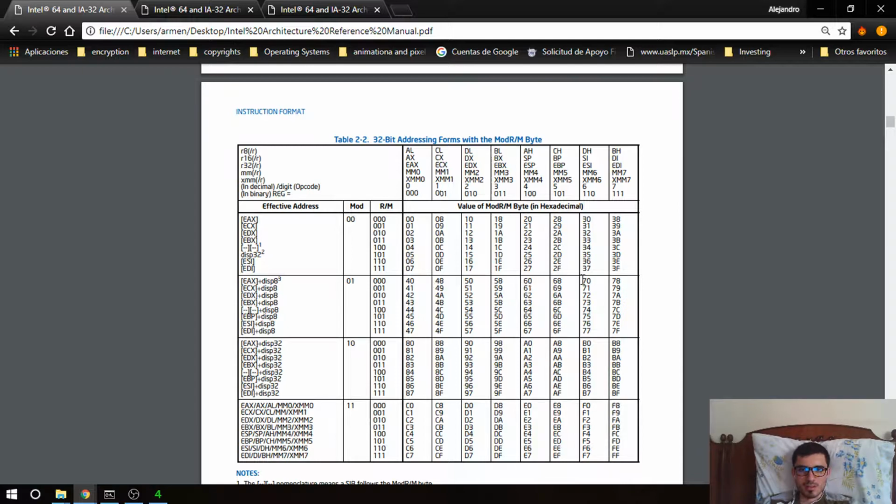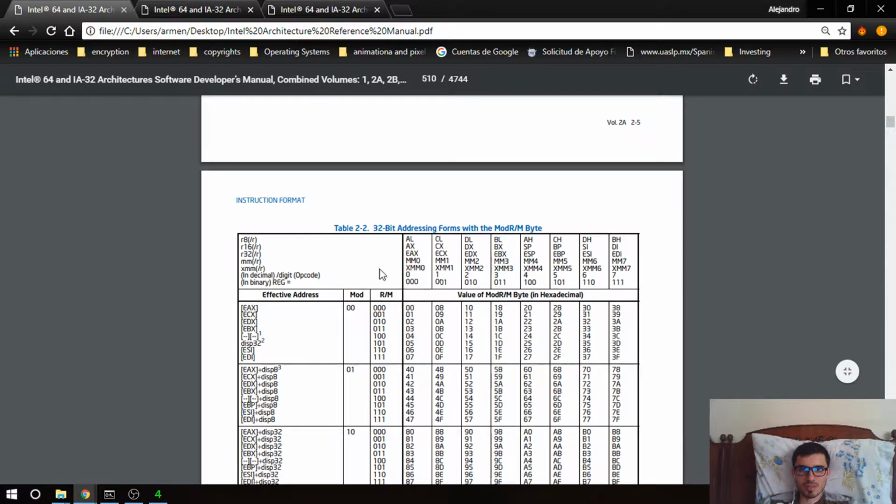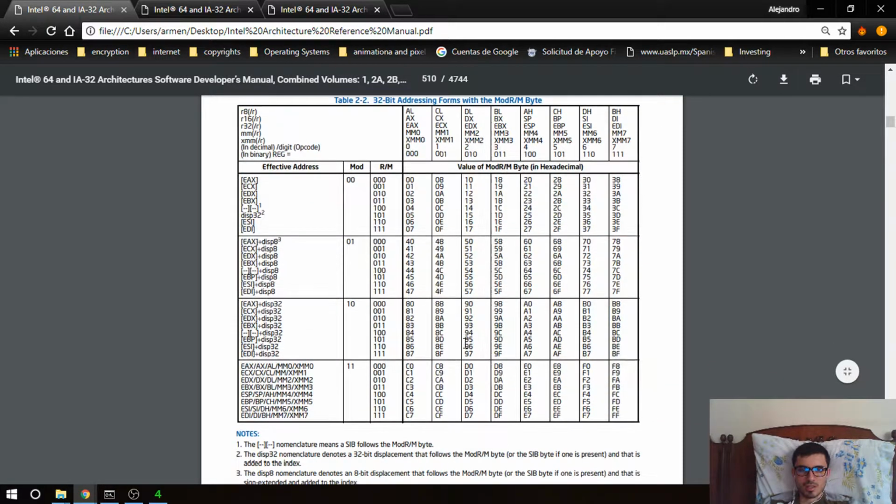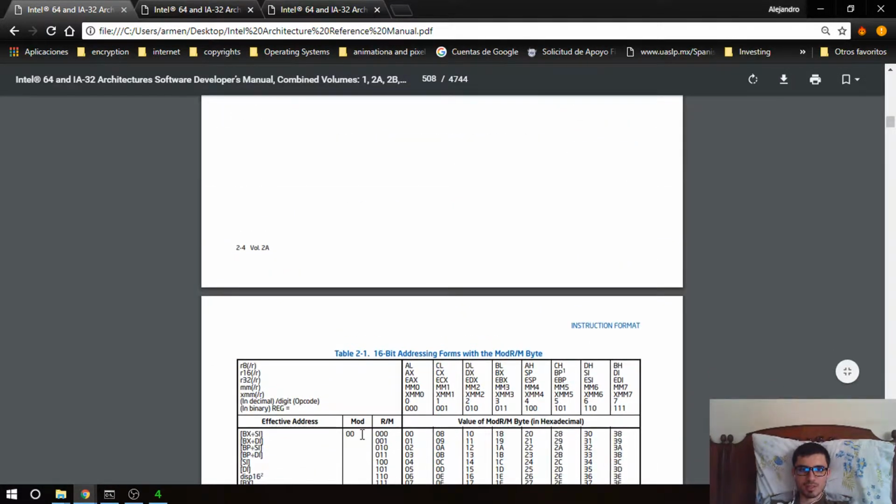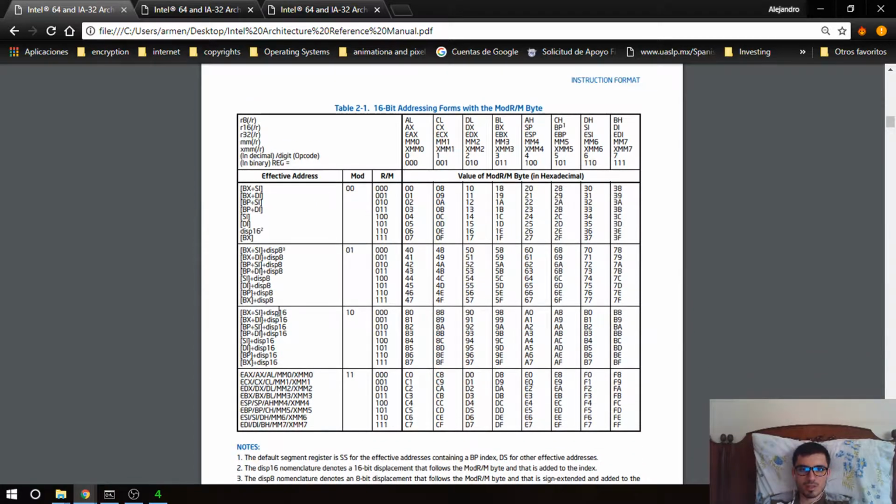They have the same combinations. It's all the same, but now it's in 32-bit addressing, which is the thing that changes. And it's a little bit weird in this case, because we have BX+SI, BX+DI, BP+SI, BP+DI, SI, DI, BP, BX, and the same pattern across here.